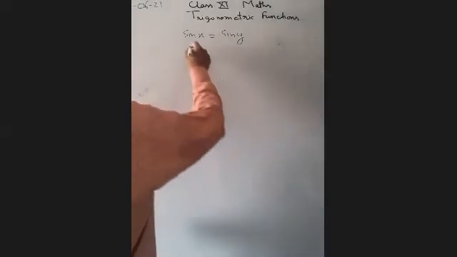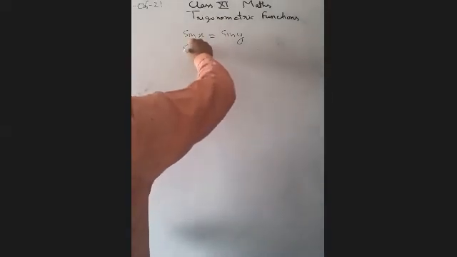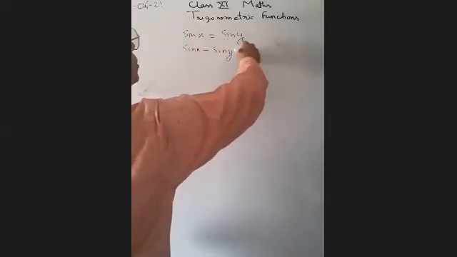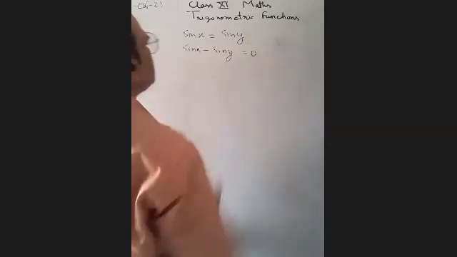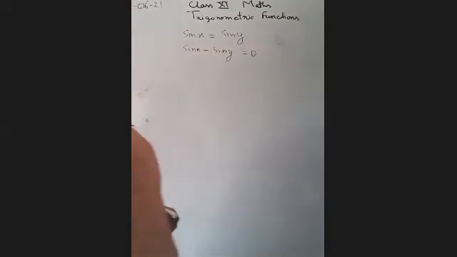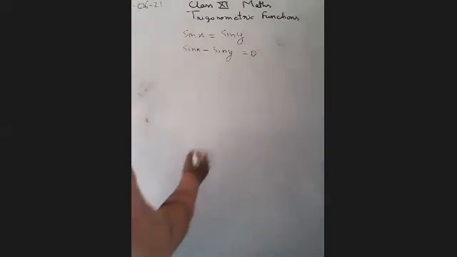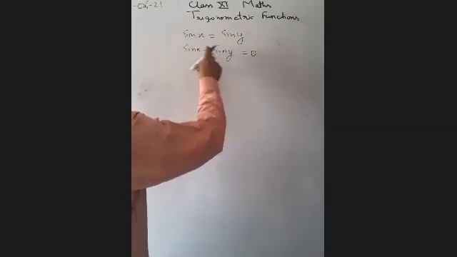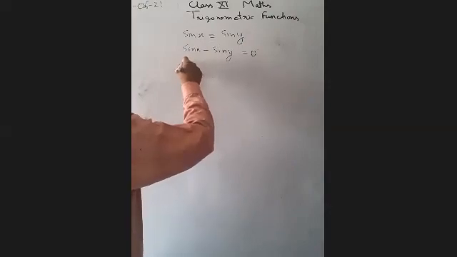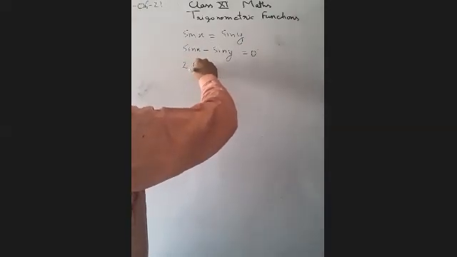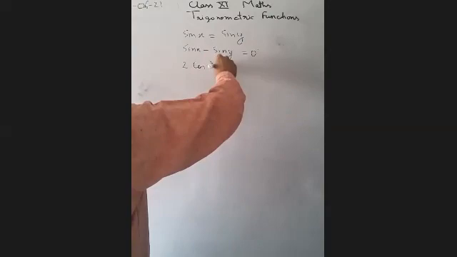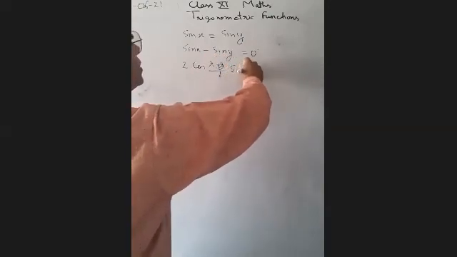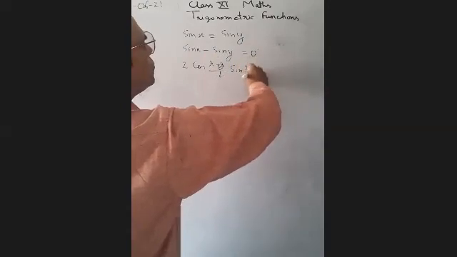So first of all, we can write sin x minus sin y equal to 0. Now you can use the formula of sin C minus sin D. You will get 2 cos((x plus y) upon 2) sin((x minus y) upon 2).